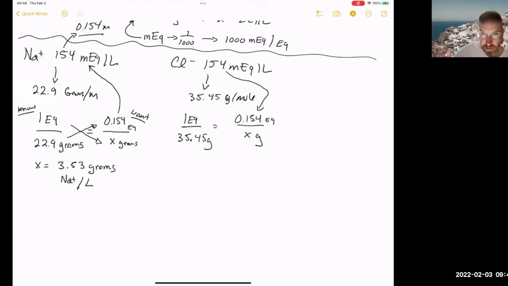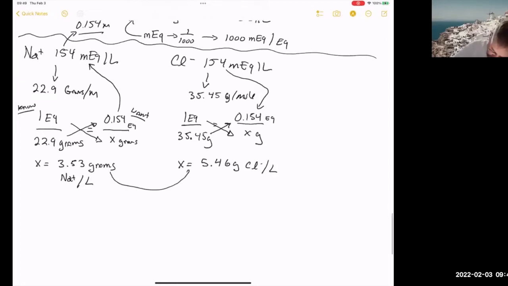And I'll do the same thing here. I'll cross multiply. 1 times X is X equals 35.45 multiplied by 0.154, which gives me 5.46 grams of chloride ions per liter.